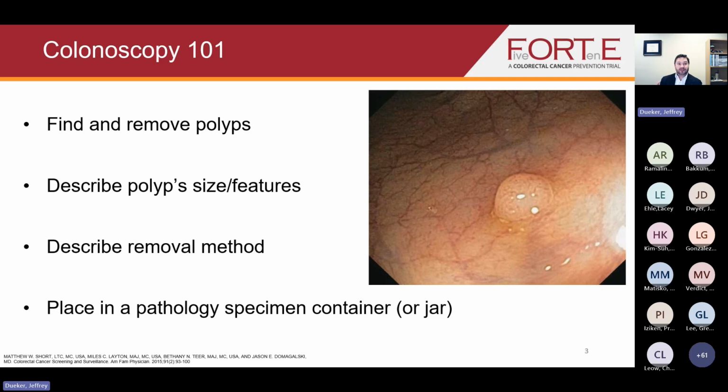Any piece of polyp that's removed is placed in a pathology specimen container or jar, and that gets sent to pathology, and you'll have a pathology report as well. Part of the art of this is understanding what goes into each section of those reports and how to synthesize that information into what we're really looking for.